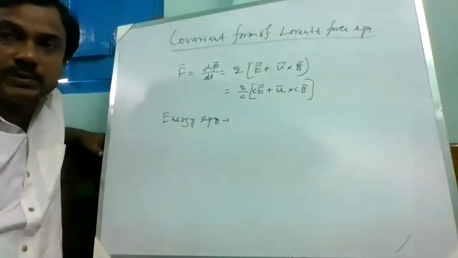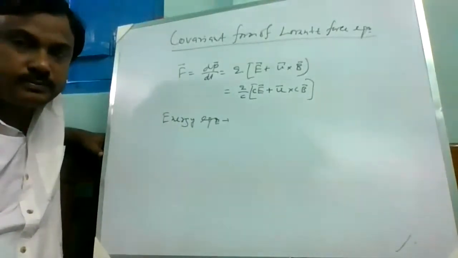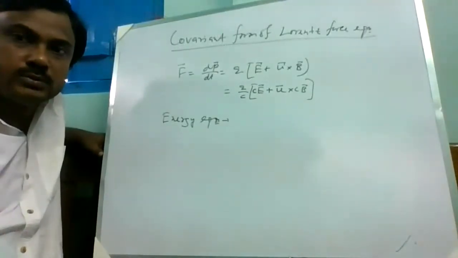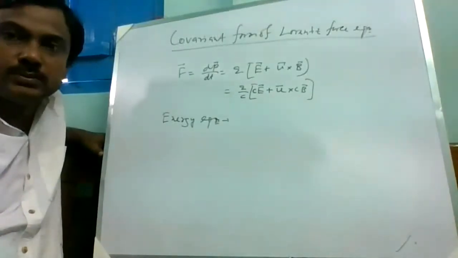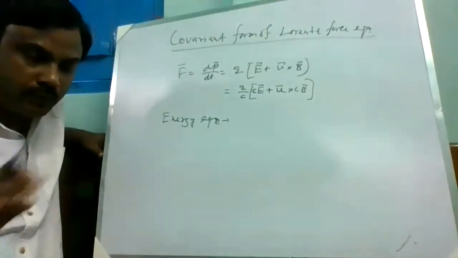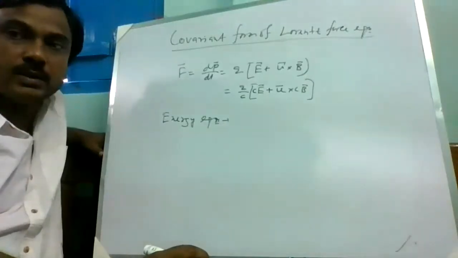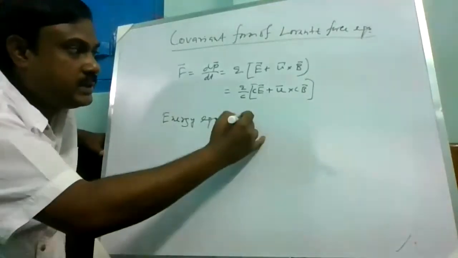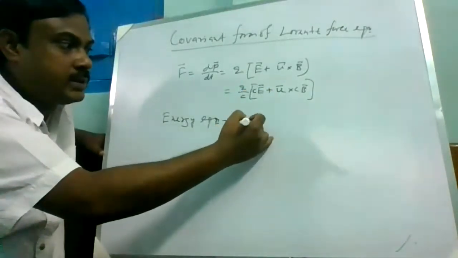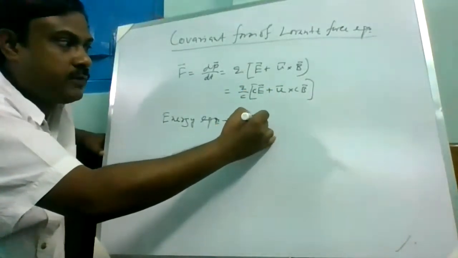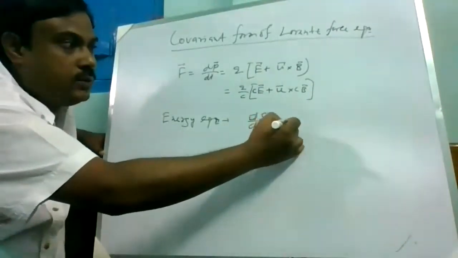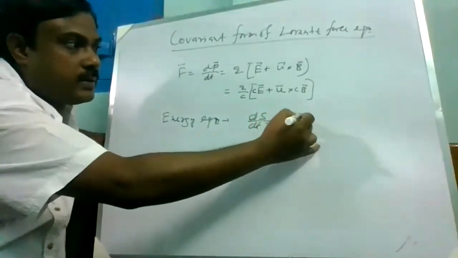So the energy equation equals Q into E into X. Sorry, this will be the work done. Now, for energy we have already used E, so I am using S. The energy equation, the rate of work done dS/dt, will be equal to Q U dot E, right?